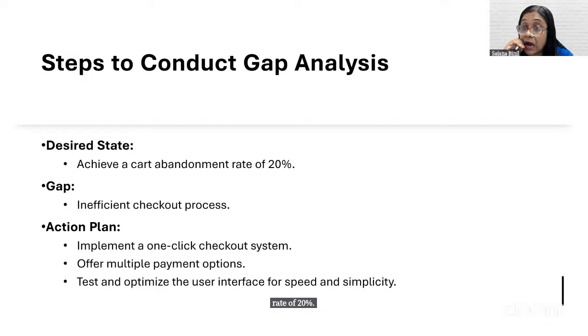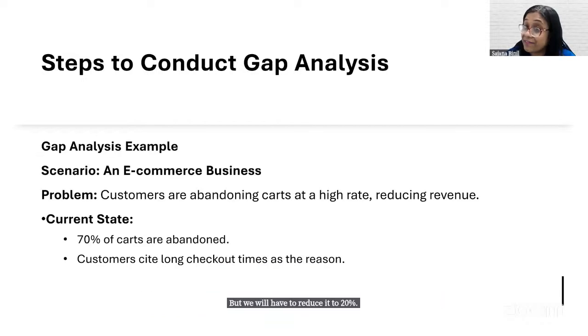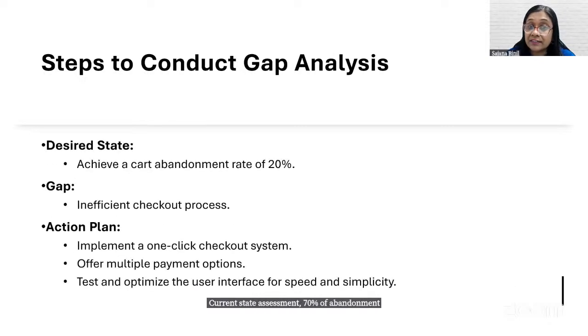You can't completely solve this problem, right? You can't say that none of the customers going forward will abandon their carts. There will be people who will abandon, but we will have to reduce it to 20%. The current rate is 70%. So current state assessment, 70% abandonment, and future state that we want to get into, 20%.